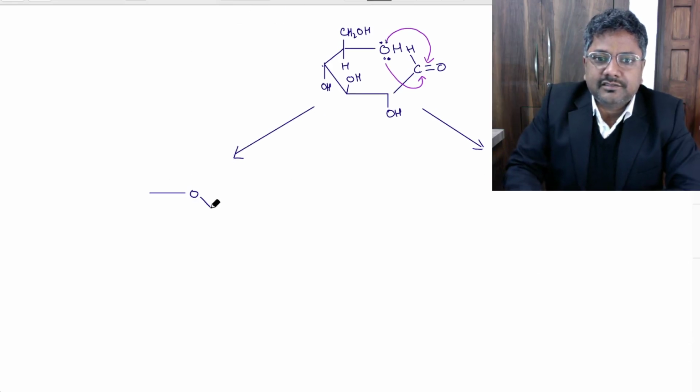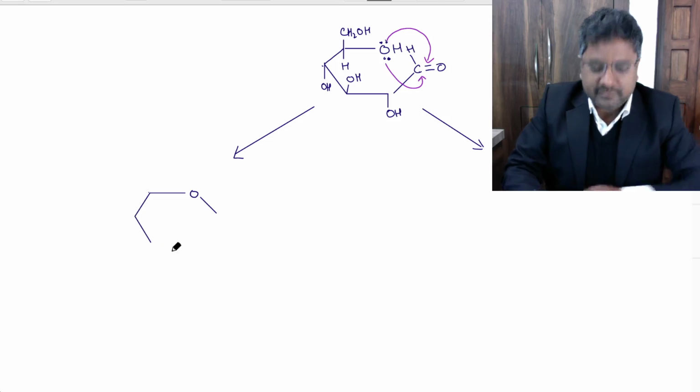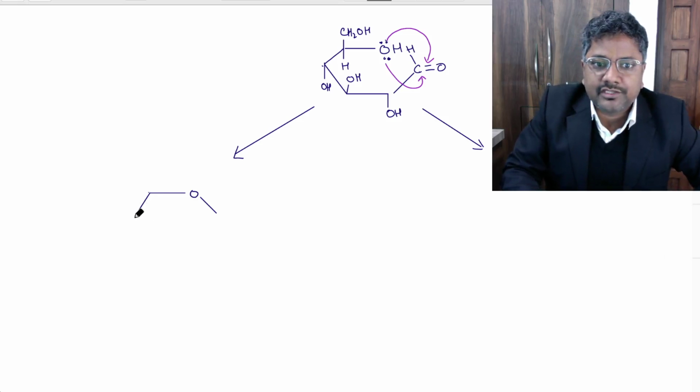I'm taking this on the same plane and changing the orientation of OH. This is C, this is C, this is O, and this OH is on this side, H on this side.